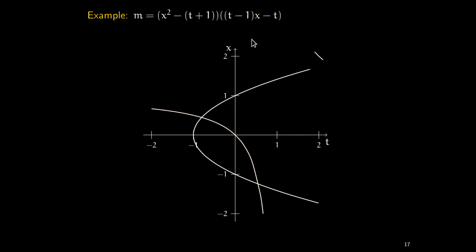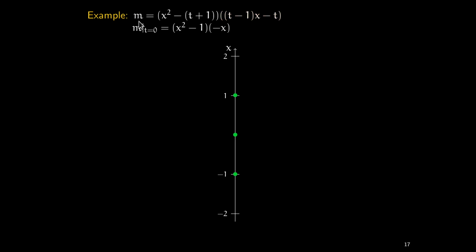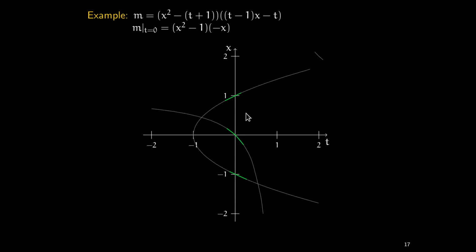And now look what happens if I evaluate this polynomial and substitute 0 for t. Now, if you substitute 0 for t, then that means you're looking only at the vertical axis, and you get a polynomial that has 3 roots, here, here, and here. And I want to turn the knowledge about these roots into a knowledge about the roots of M. Okay, so this means there is a curve which I now paint in gray, because I assume I don't really know it.